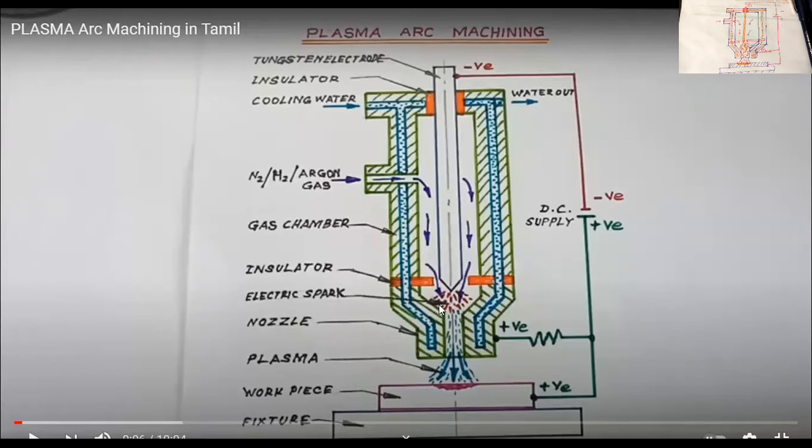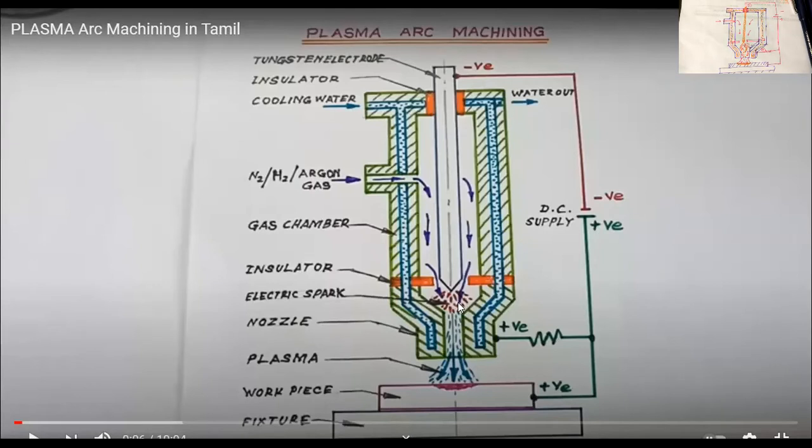The electrons coming out in this direction will hit the diatomic gas and will cause rotation of atoms. Due to that, high heat will be produced, and that high heat will heat this gas even more and raise the temperature, and that depends on the power supply.